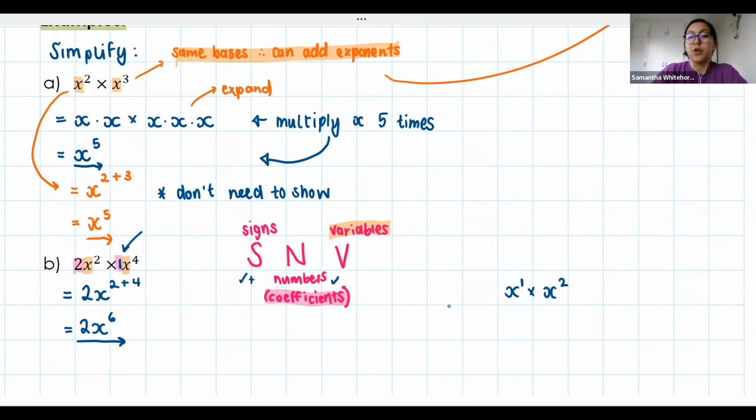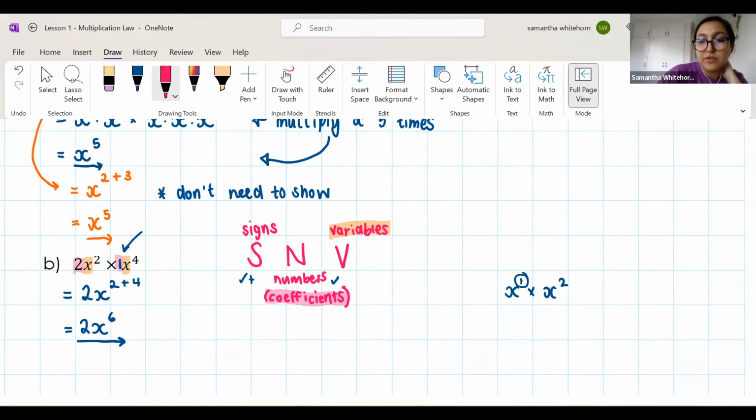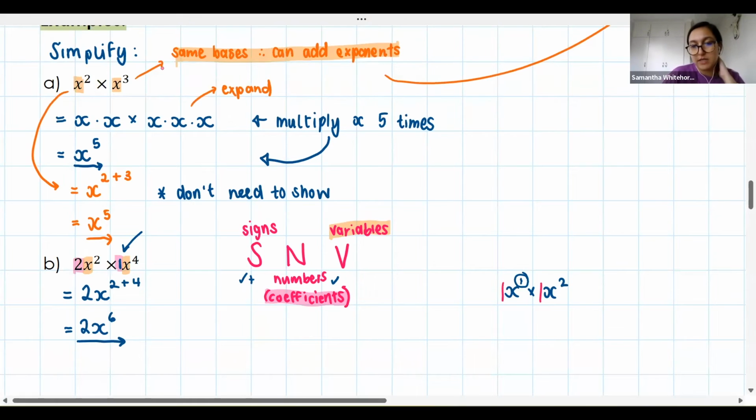Okay, thank you. Good, well done. Okay, so guys, that's exactly what I said now. If you've got a variable or even a number that has no exponent written with it, there is actually an exponent of 1, we don't write it. Same as there are actually coefficients of 1 here, we just don't write them down. So those are just things that you need to remember when working with your algebra.